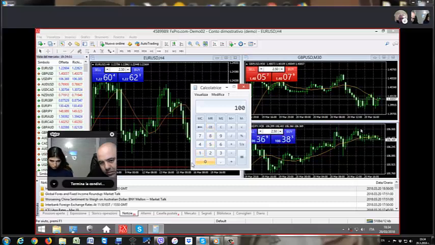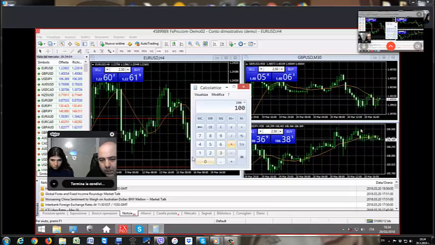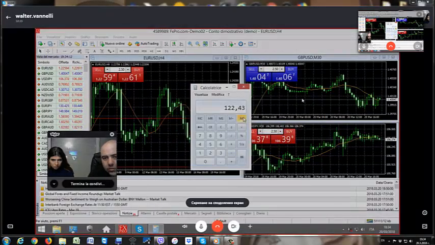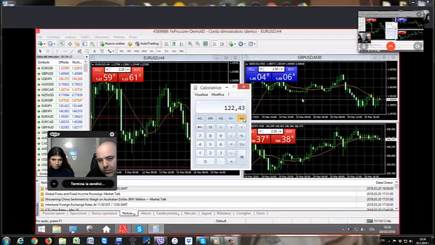100 multiply for the price 1.22 and 43 equal 122.43, memory minus, because I sold.